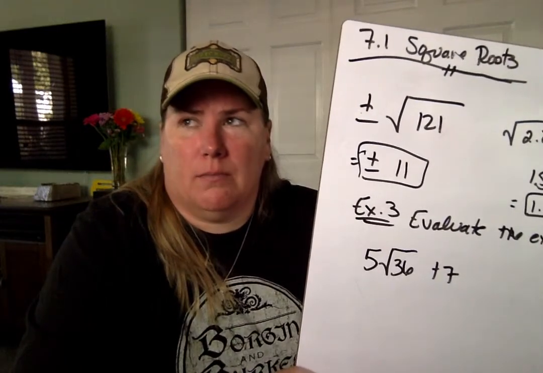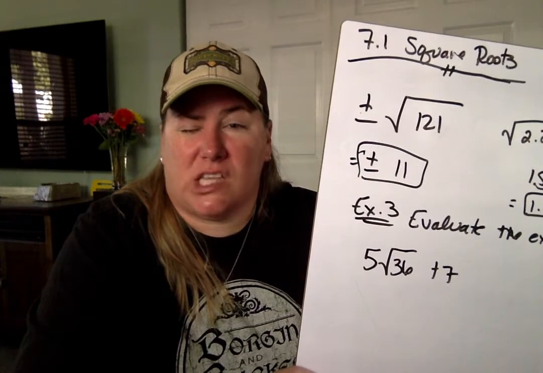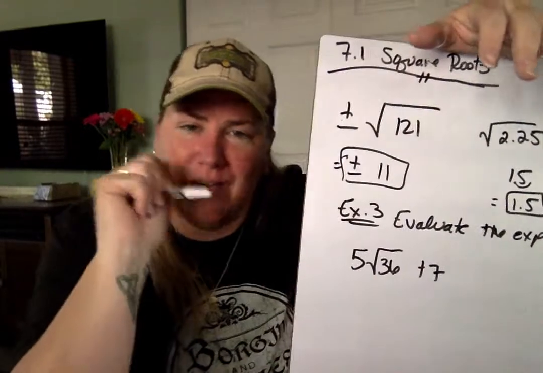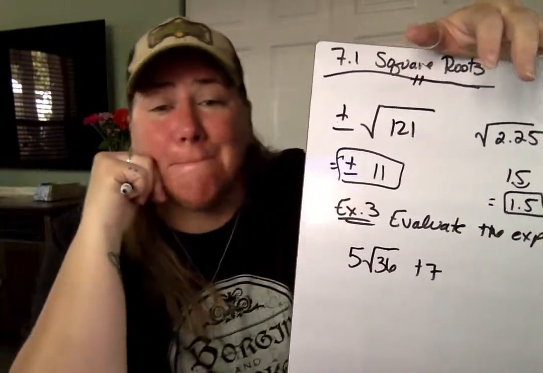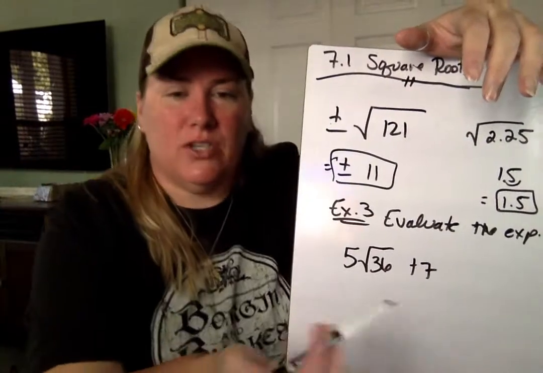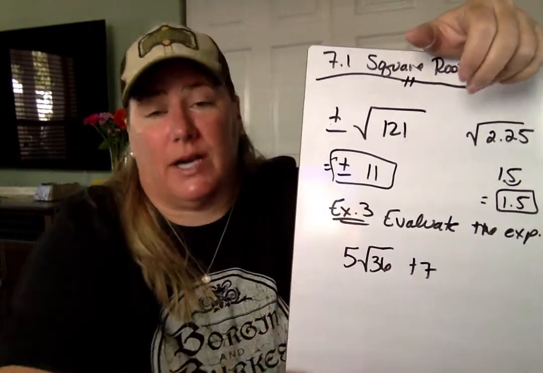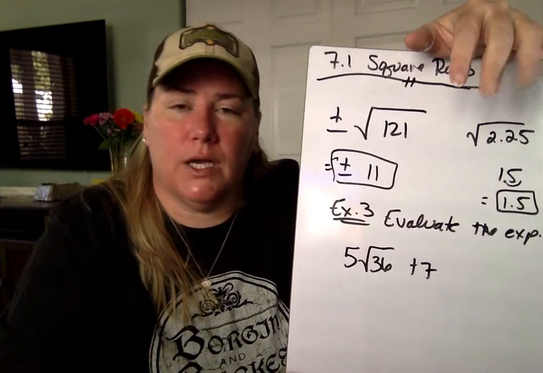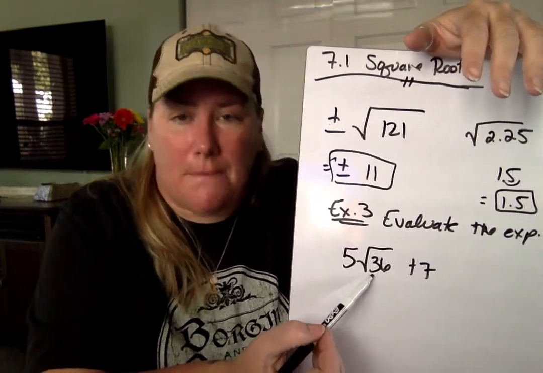When things are squished, remember they are still being multiplied, even though there's a square root symbol in there. So this is actually saying 5 times the square root of 36, and then we're going to add 7. When you have expressions with square root symbols in them, you're going to do that part first.